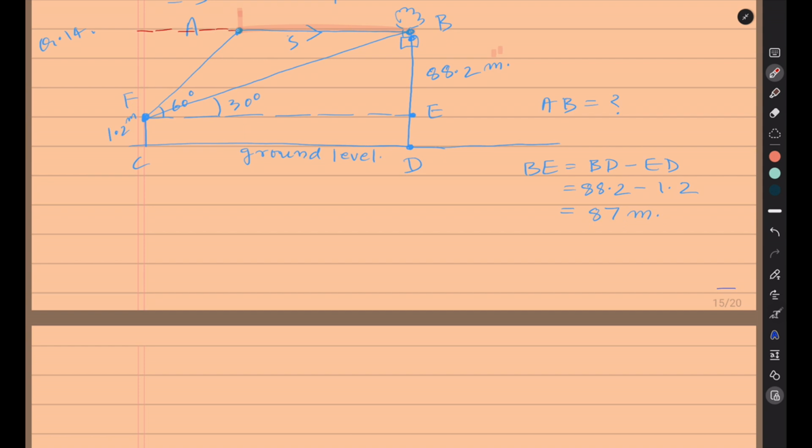Let us continue this line or extend this line up to this point, and let this be point G. And then we know that this will be 90 degree, this will be 60 degree, and this will be 30 degree.